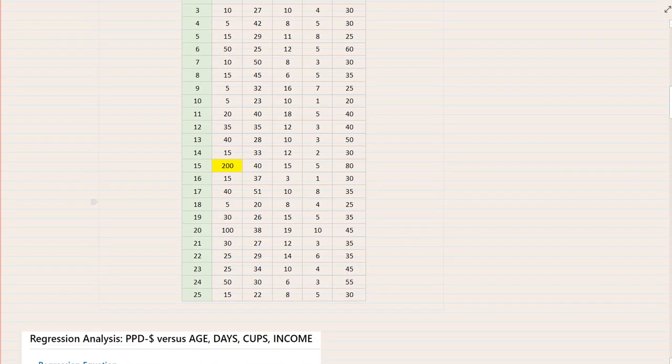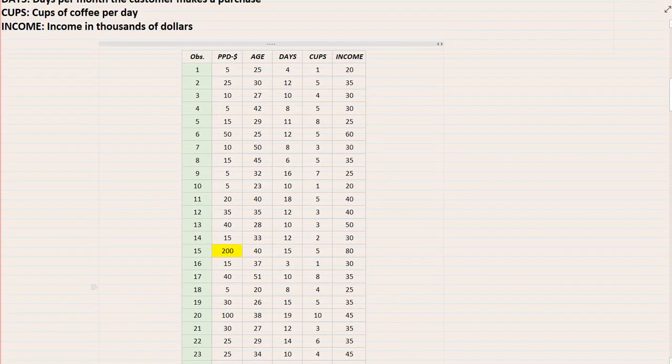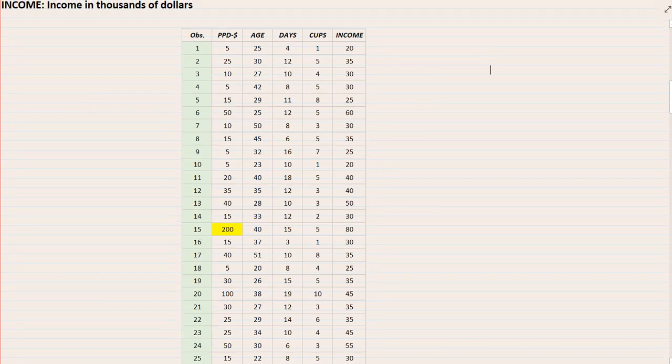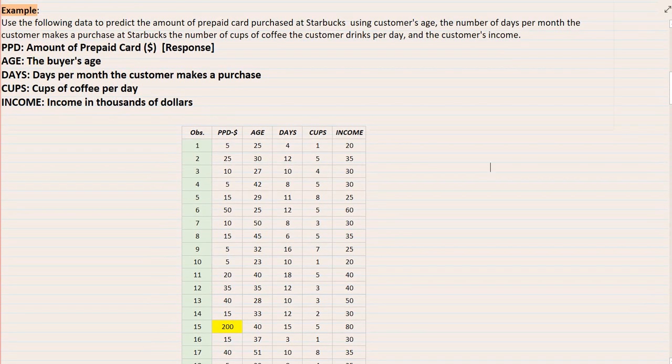What I'm going to show you is the regression output for this. So remember the objective. We want to be able to predict the average amount of prepaid card purchased by a person at Starbucks.